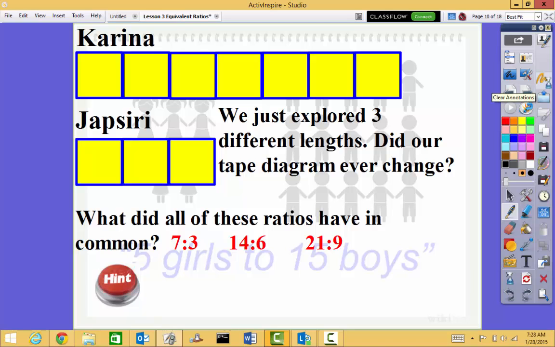We just explored 3 different lengths, 21 feet, 14 meters, and 7 inches. Did our tape diagram ever change though? Please answer that question on Socrative. Did our tape diagram ever change? Please answer that question on Socrative, then wait.